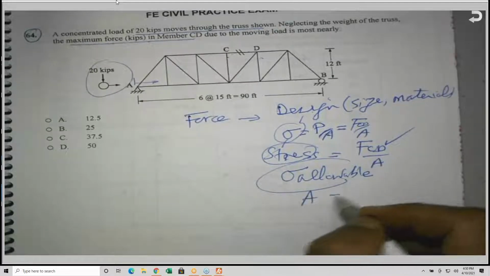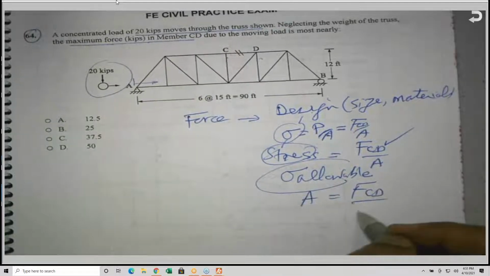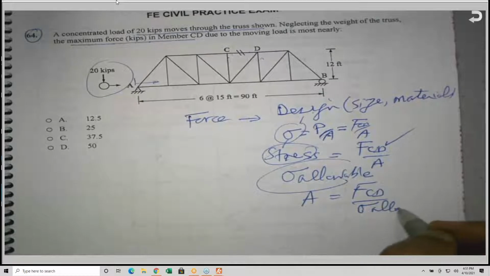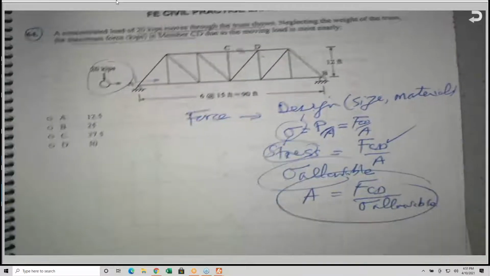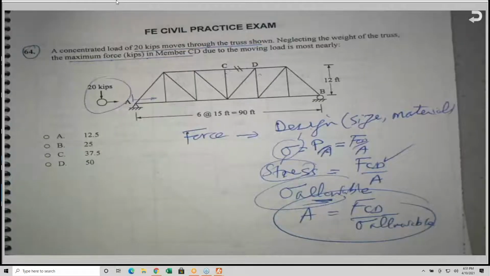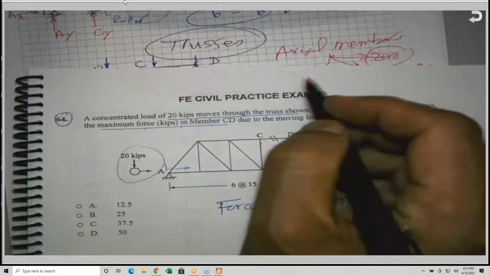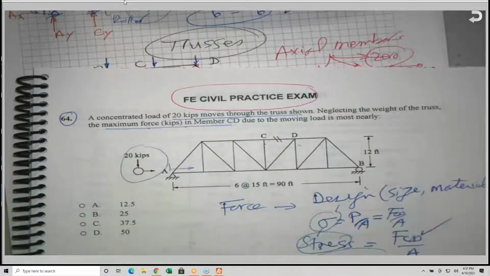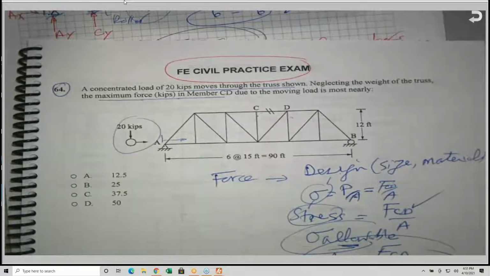So the area is equal to FCD divided by sigma allowable stress. And we are going to see later on what this allowable stress is, where we take the yield stress and divide it by the factor of safety. So the trusses for the FE are by far more than what is required for the PE.